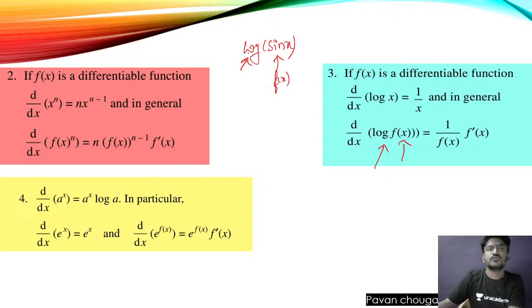From the formula, it is 1 by f of x multiplied with f dash of x, that means 1 by sin x multiplied with the differentiation of f of x.